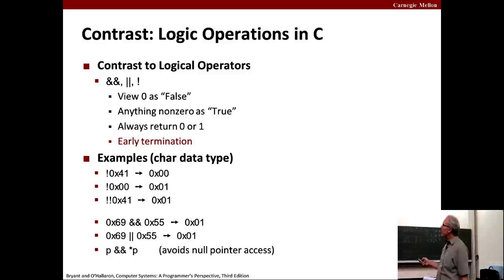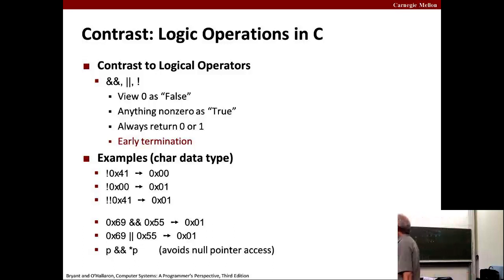So the double bar ones aren't thinking about bitwise operations. They're thinking about something that's either true or false, period. And in that representation, the number 0 is the thing that's false, and any other bit pattern is considered to be true. And the other feature that the double bar operations give you is what's called early termination.